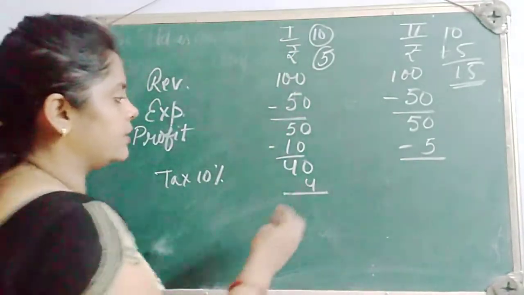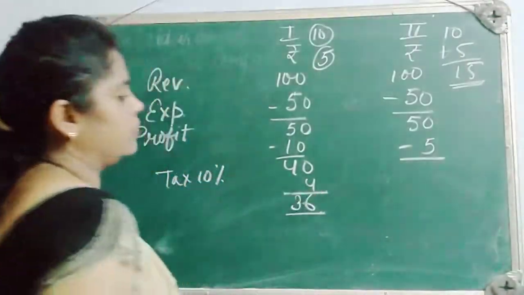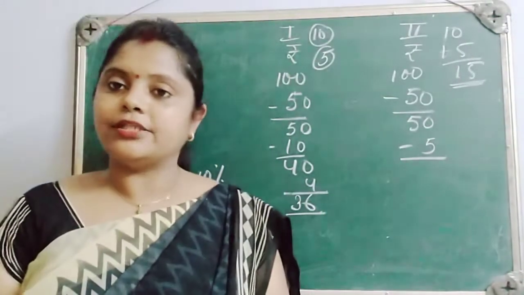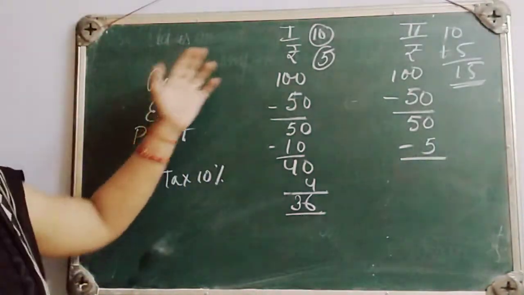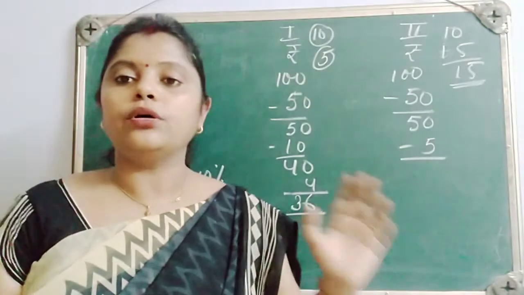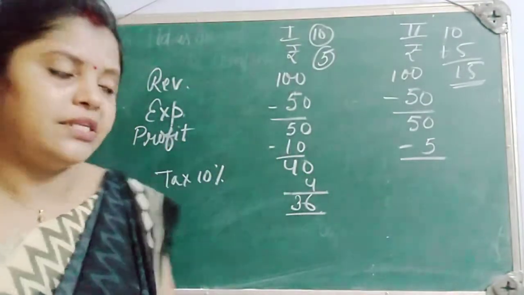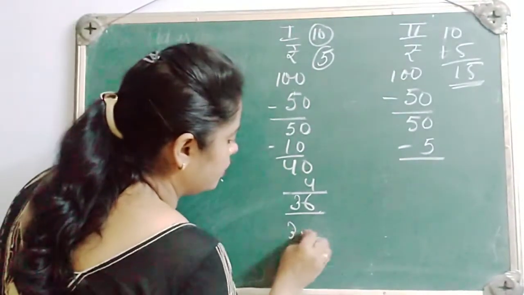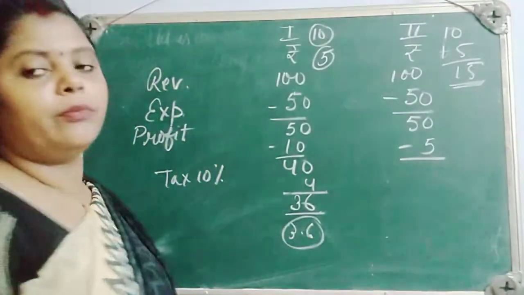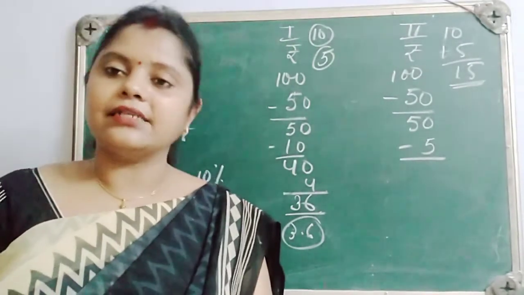So in this case, 36 is the amount which has to be distributed among the 10 shareholders in the form of dividend. So just make a calculation. 36 by 10, that means every shareholder will get 3.6 rupees or 3 rupees 60 paise as dividend.